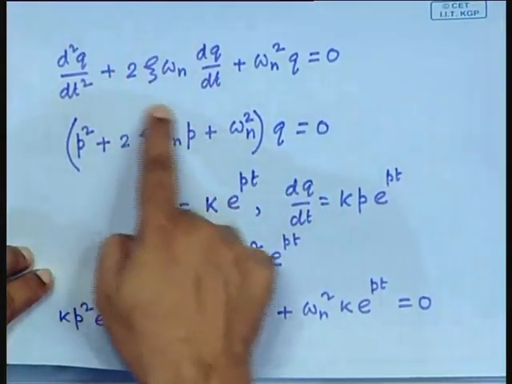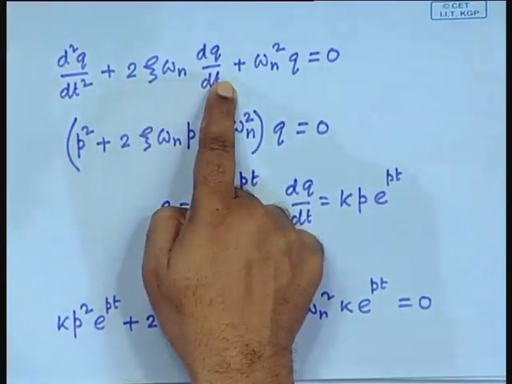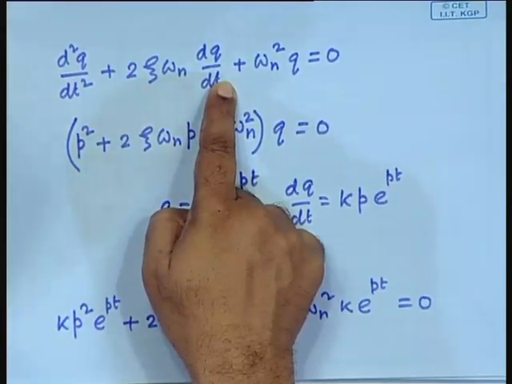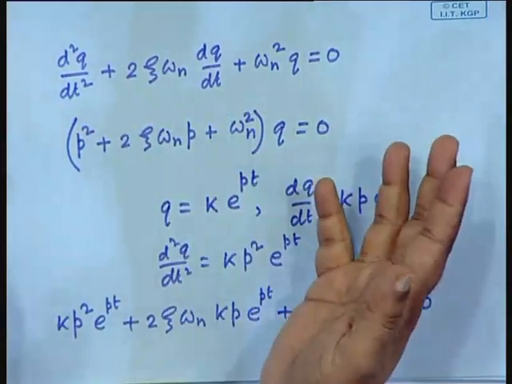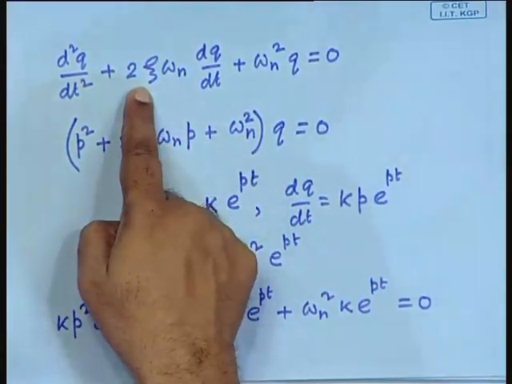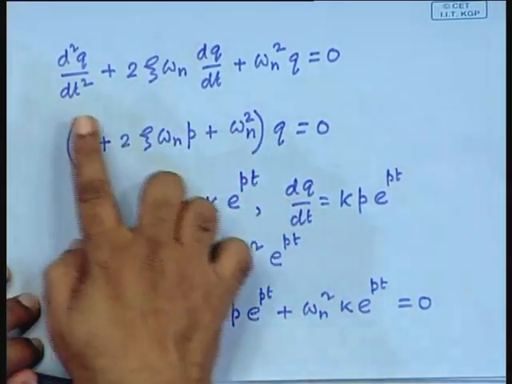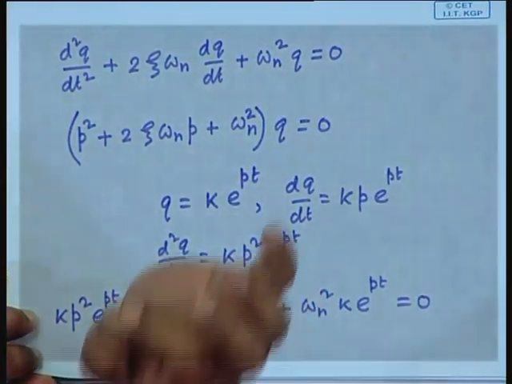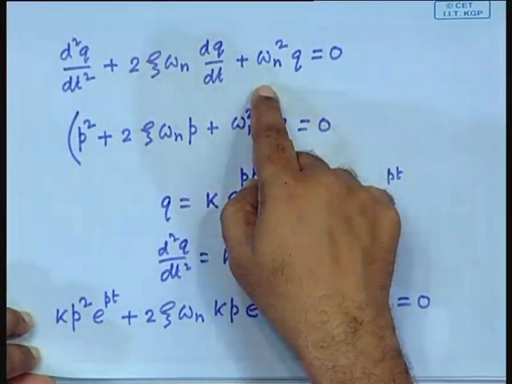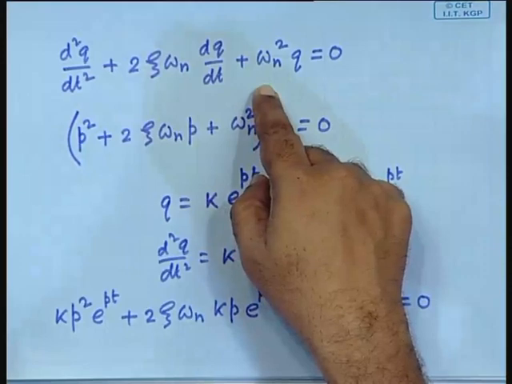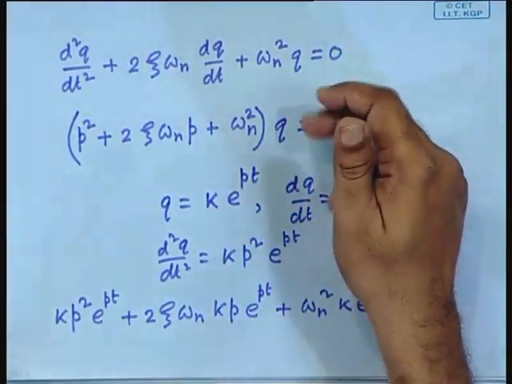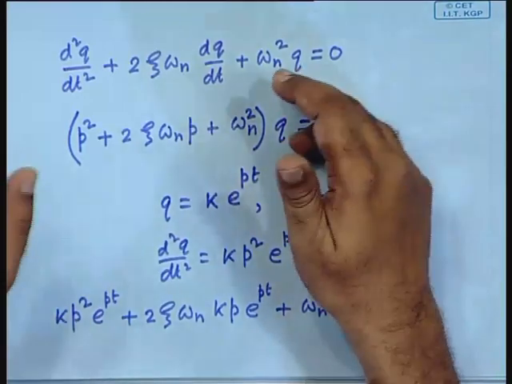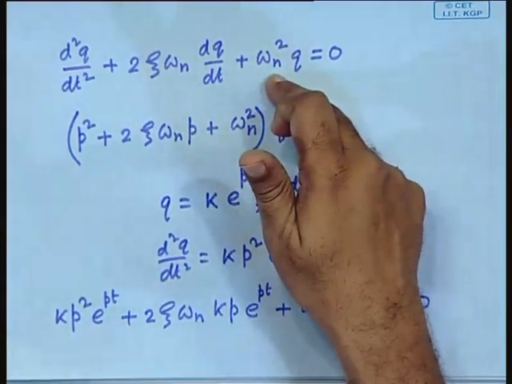This term actually results from the friction in the system or the resistance in a circuit. If you go back in your thought to the way we were deriving the equation, this term comes from there. So, in that case, the natural undamped frequency is omega n. Take an LC circuit, which you leave to itself without any friction or resistance, then it will oscillate with a certain frequency, and that is that.